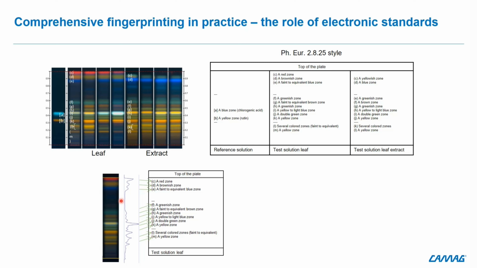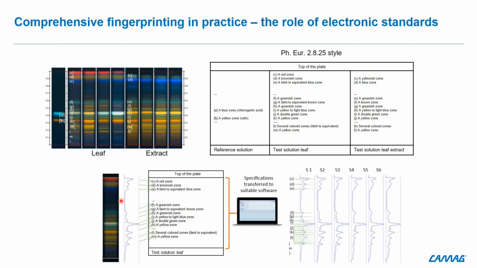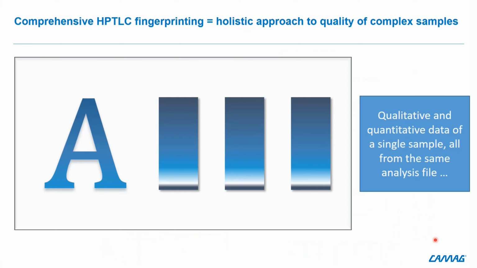If a raw material or extract is within the range, it is a pass, good sample. If it's not, the sample has failed. So let's do a check and see if all are within the acceptance criterion. And now with this animation here, I would like to end up with my part.